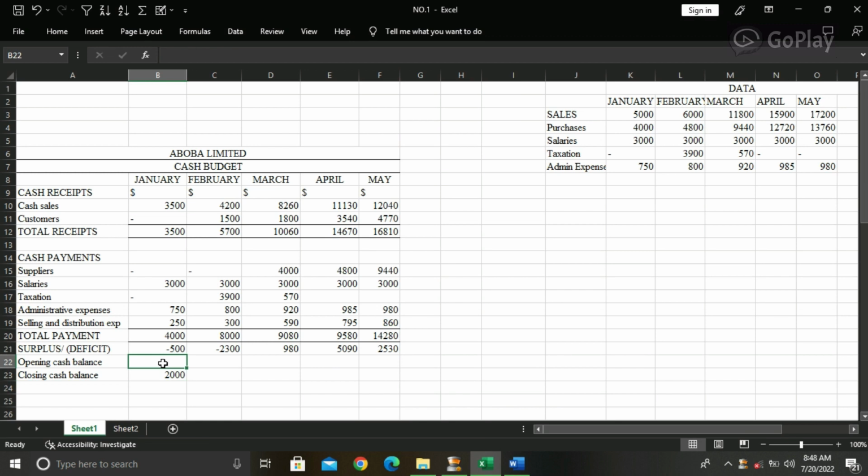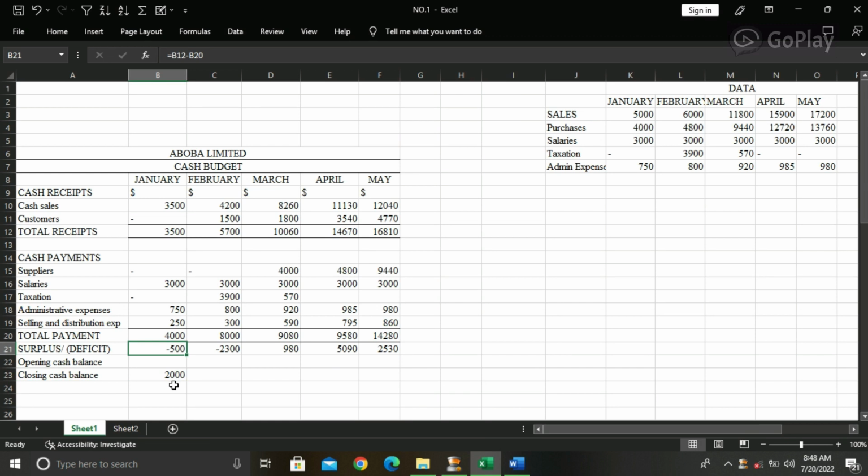Now, in cash budget, when you add the opening cash balance to either the surplus or the deficit, that is what will give you the closing cash balance. But in this case, we have our deficit, and there is no opening balance, but we have our closing balance.